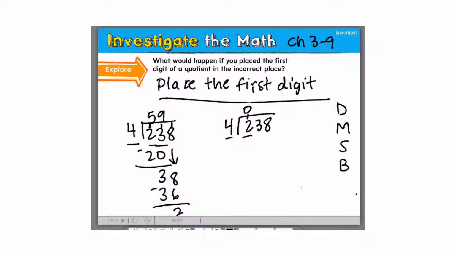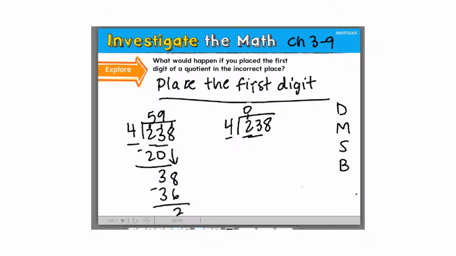Because it didn't go in evenly, remember we're looking at the hundreds. Because 4 does not go in evenly to 200, now I need to break the hundreds up. I want you to think about what we're doing. I want you to visualize when we're drawing pictures.